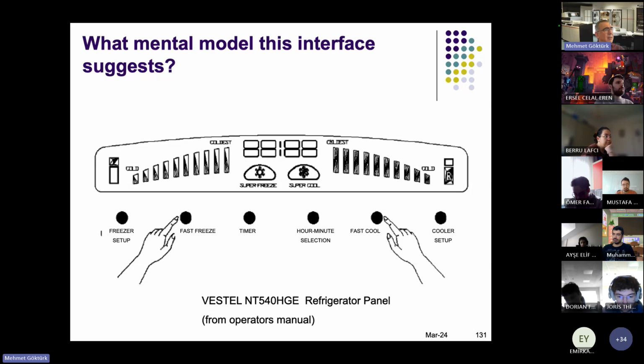This is Vestel, one brand, and it has a left and right control for two different compartments. The left part controls the freezer, and the right part controls the refrigerator part, the cooler.